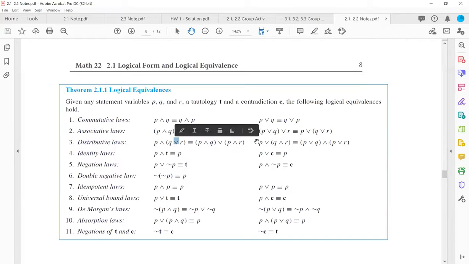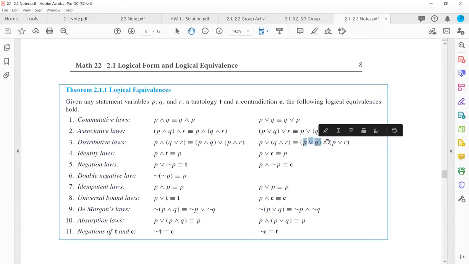And then if we distribute or over and, it's going to be P or Q and P or R. These two are very important.